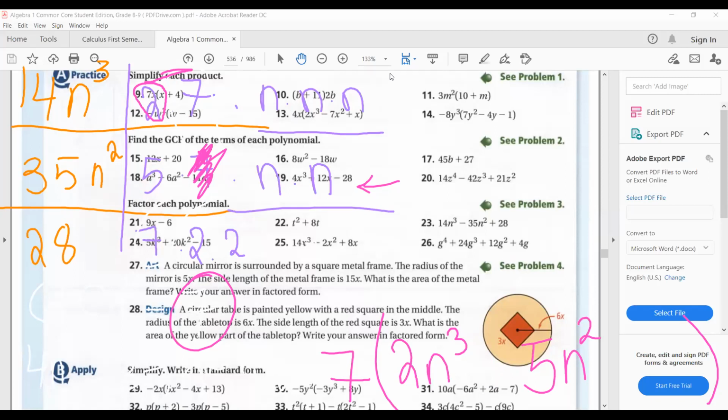Which sign shall I put between this term and this term, plus or minus? Look at the original equation. It's minus, so I put minus, then plus. Then the last one, if I remove the GCF 7, which number will remain? 4. Is it right? Yes, teacher.